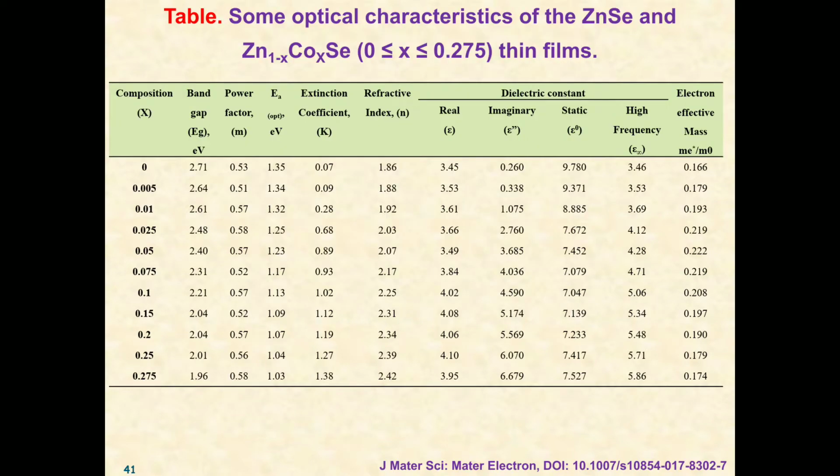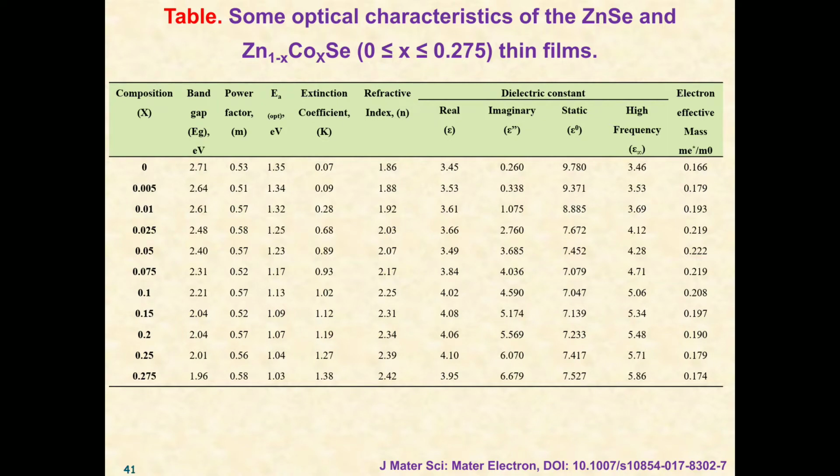Here are some optical characteristics of the ZnSe and ZnCoSe thin films. These optical parameters vary with composition parameter X. The optical parameters are like band gap energy, power factor M, extinction coefficient, refractive index, and dielectric constants.